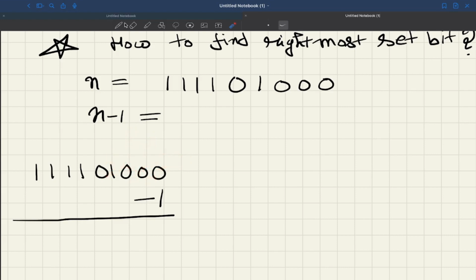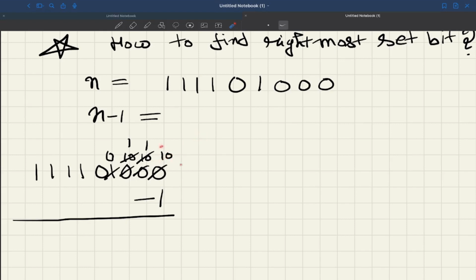Okay, so the next 0 will become 1 0. Now give this carry to this 0, so 2 minus 1 is 1, and this will become 1 0. Now 2 minus 1 is again 1, and we know that this 1 0 is nothing but 2, right?